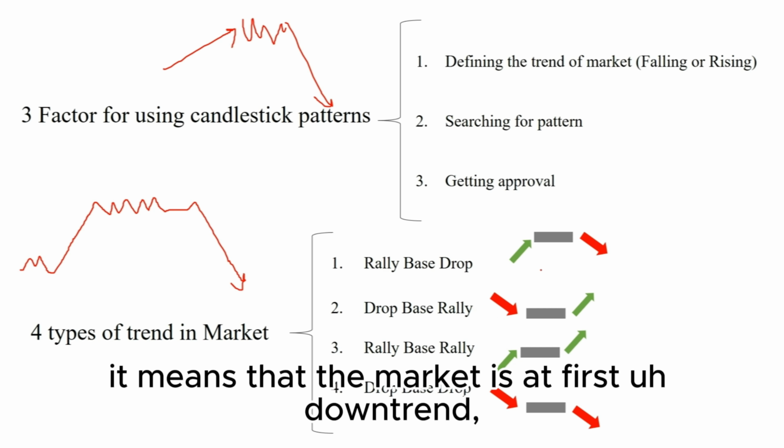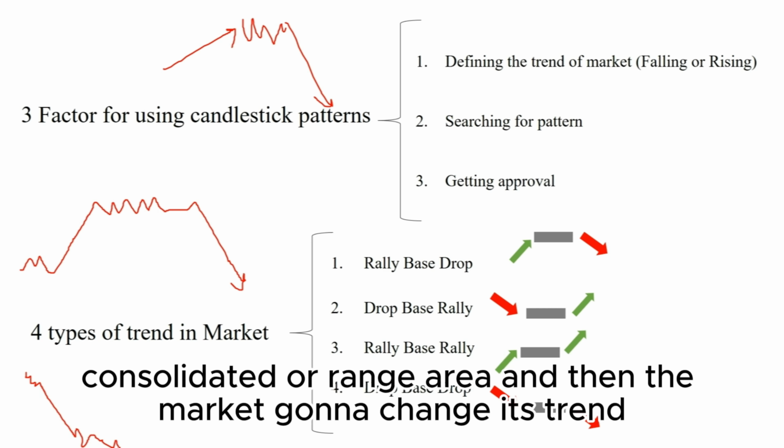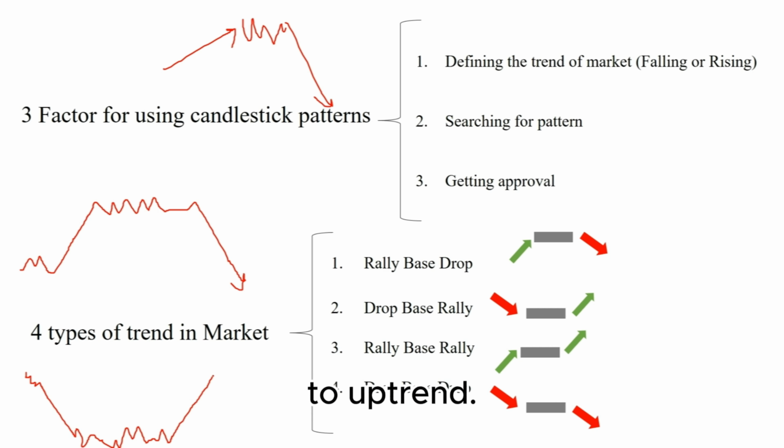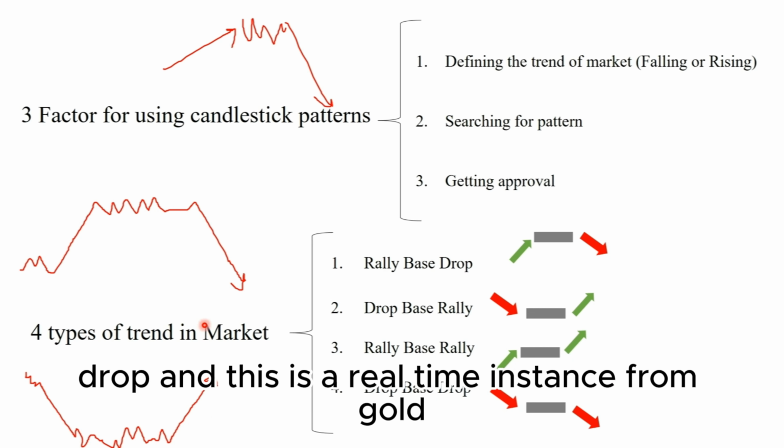It means that the market is at first in a downtrend, and then the market sees a consolidated or range area, and then the market is going to change its trend to an uptrend. And also rally based rally, and another one is drop based drop.